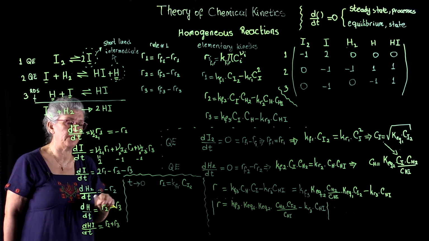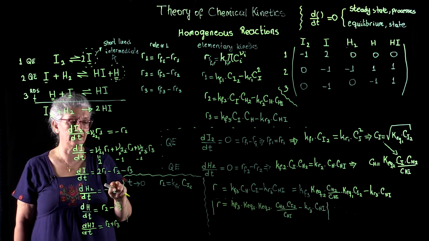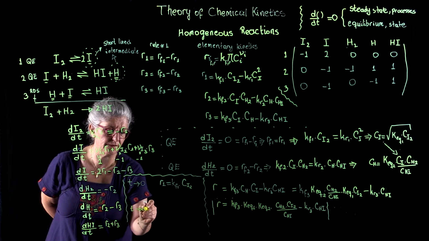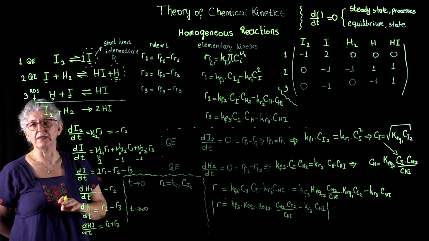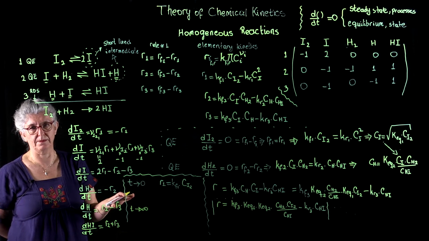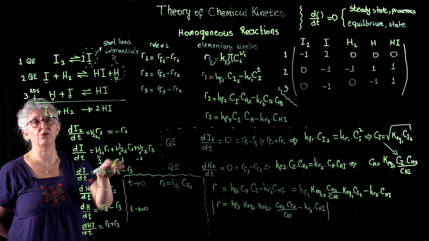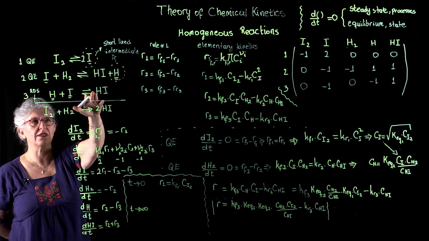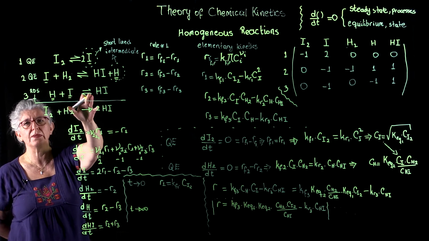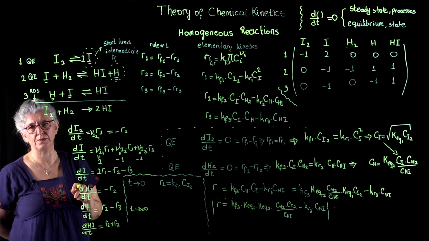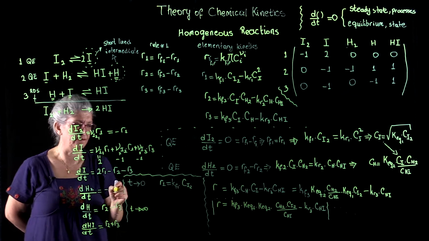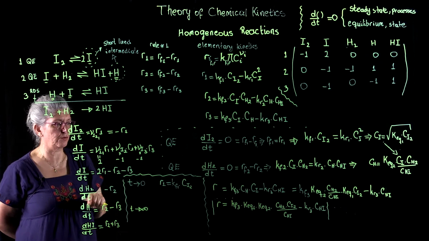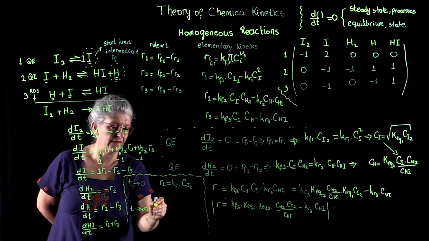When time goes to infinity, on the other hand, this is the second limit that we have to discuss. As time goes to infinity, the reaction goes to completion. All of the steps reach equilibrium. The first one is at equilibrium, the second one is at equilibrium, and the third one is also at equilibrium. All right? So we have already treated the first and second steps to be at equilibrium.